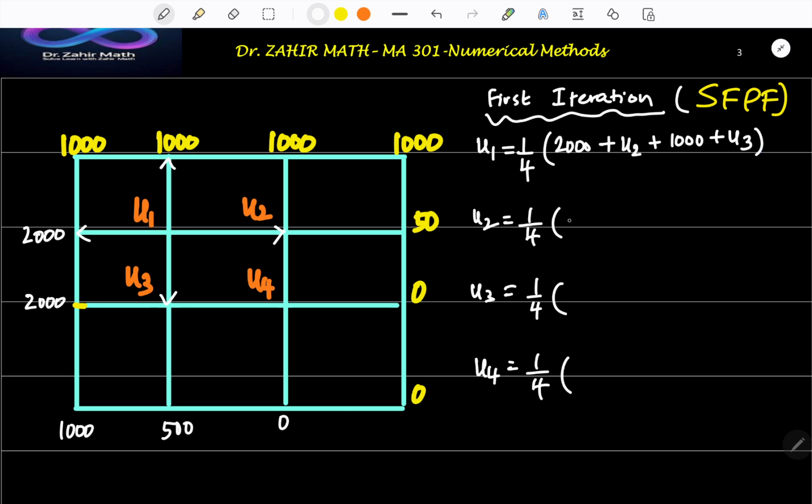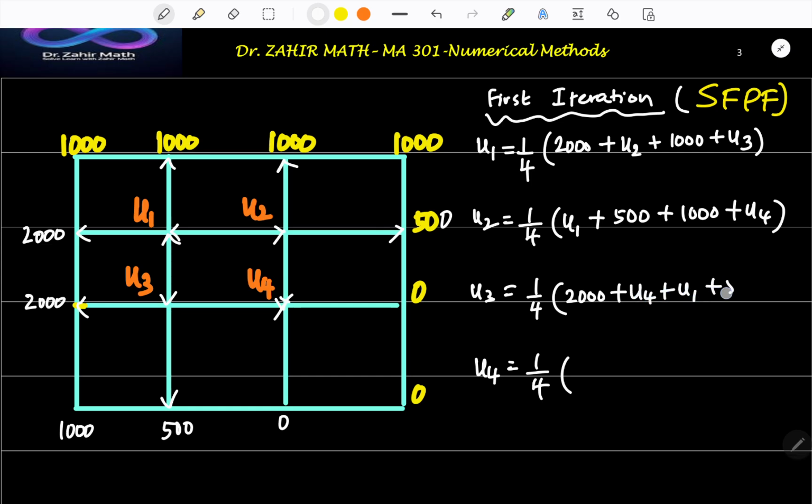Then u2 is u1, 500, this is 500, this is 0, this is 0, this is 500. And this 1000 and then this u4, right? So u2 is equal to u1 plus 500 plus 1000 plus u4. u3 is equal to 2000 plus u4 plus u1 plus 500.